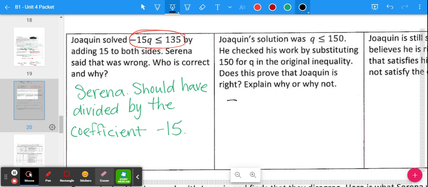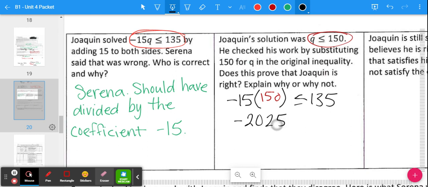So if we do the same thing, if we take the original equation and we plug in 150 for q, just as Joaquin did, we have to see if it is less than or equal to 135. So when you multiply negative 15 by 150, you get negative 2025, which is less than 135.